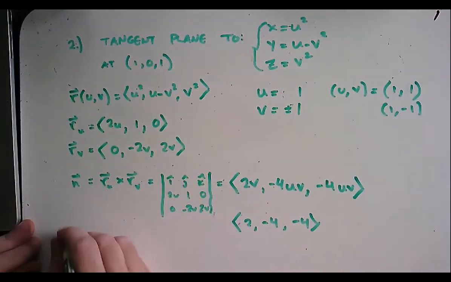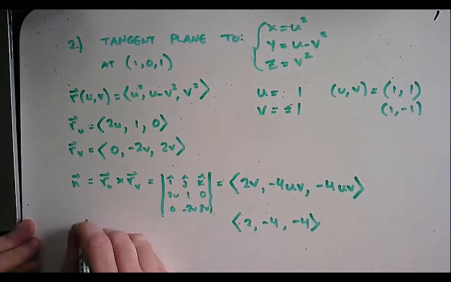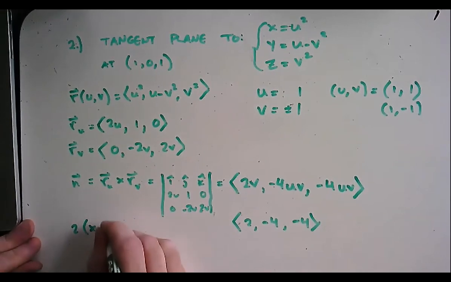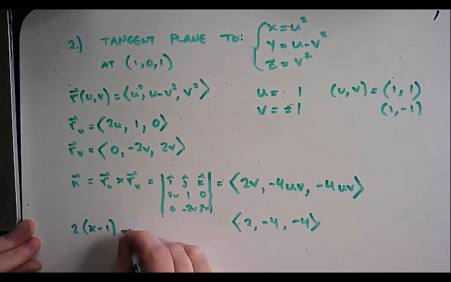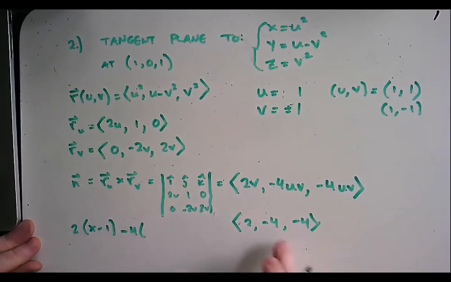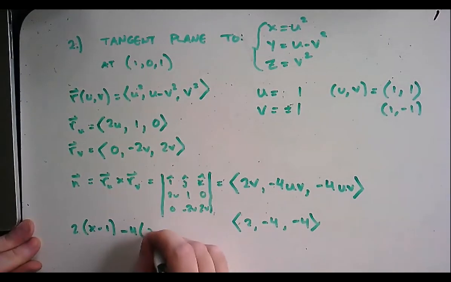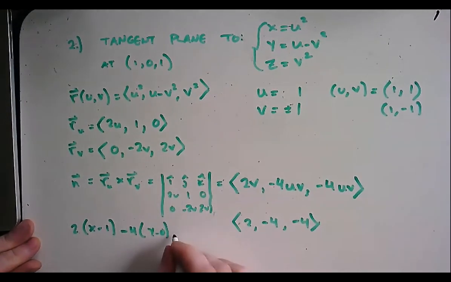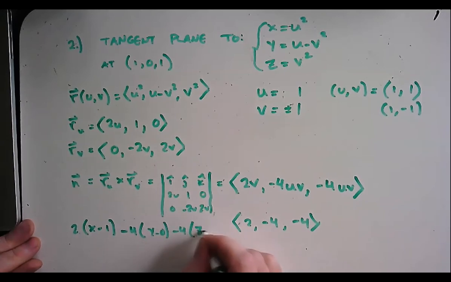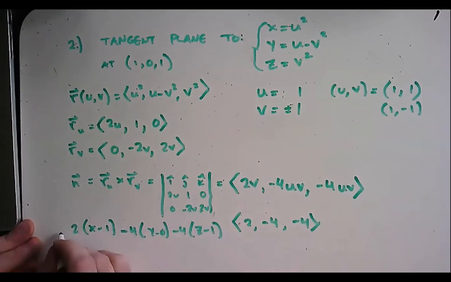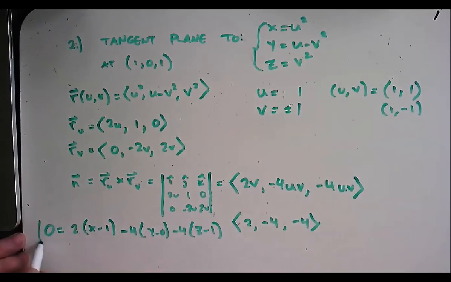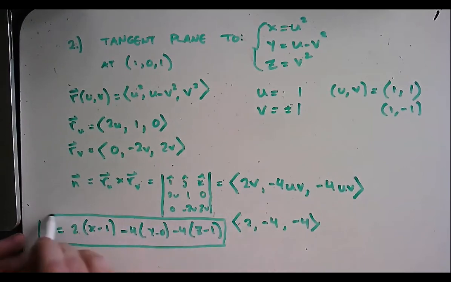So we'd have 2 times x minus 1 minus 4 times y minus 0. I'll write it out like that, y minus 0, plus negative 4 times z minus 1. And this whole thing equals 0.